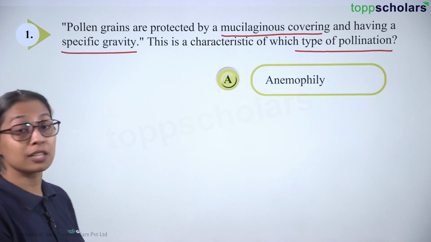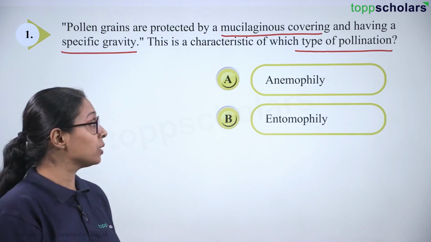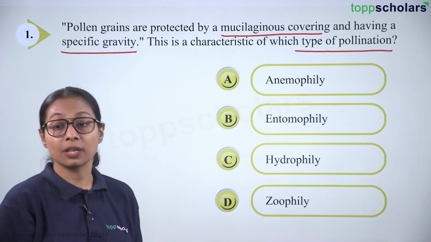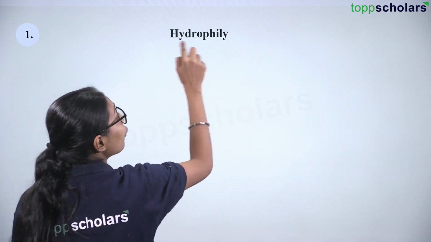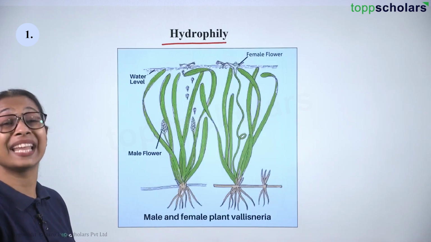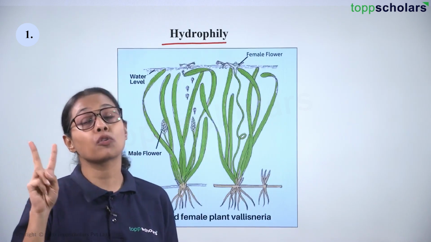Do you think it is going to be A, anemophily, B, entomophily, C, hydrophily, or D, zoophily? Let me tell you about an important thing, that is hydrophily. Children, this is a type of pollination which takes place in water. Hydrophily is also of two types.